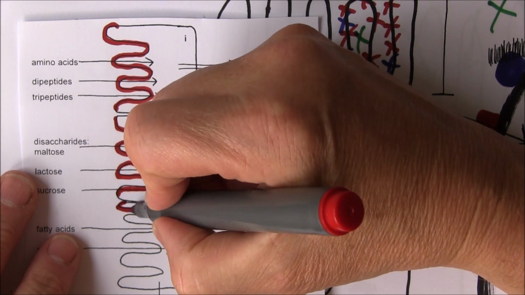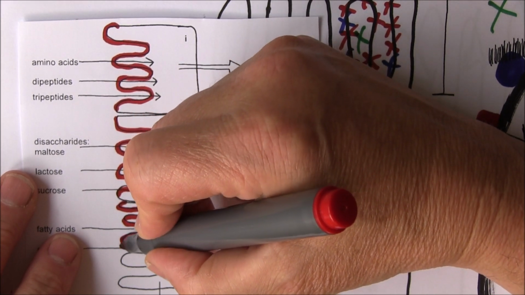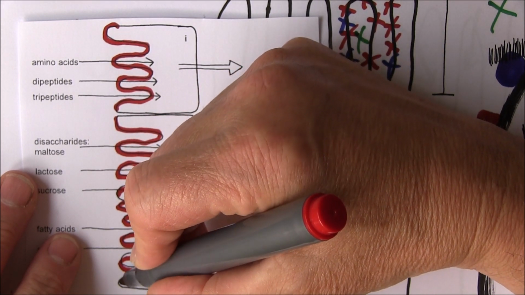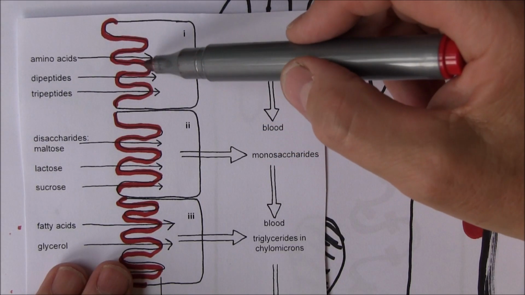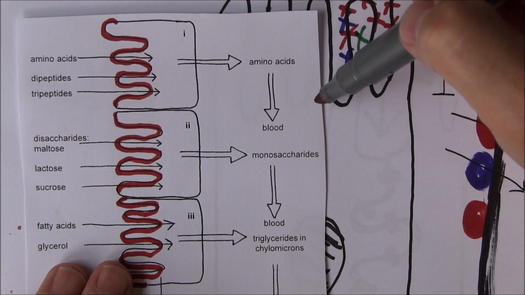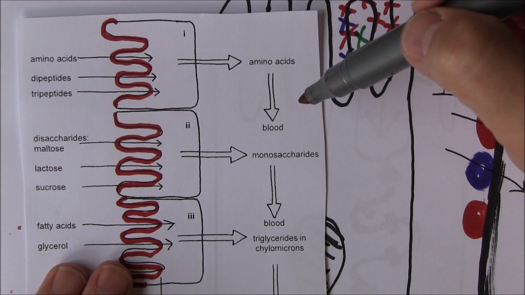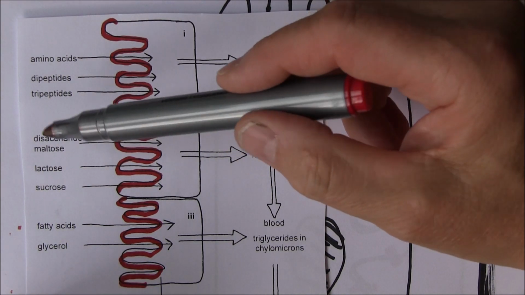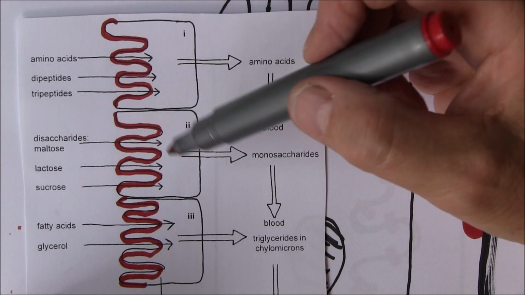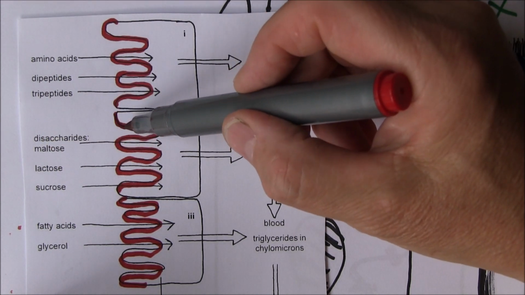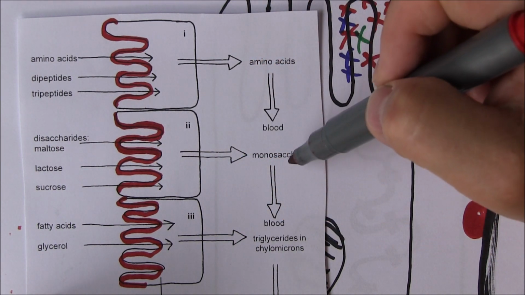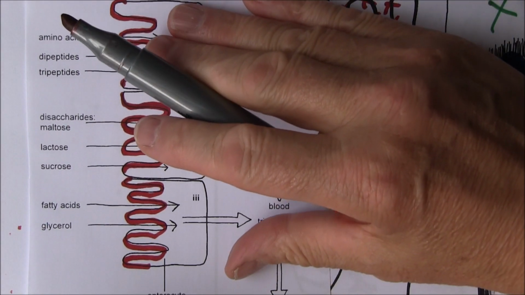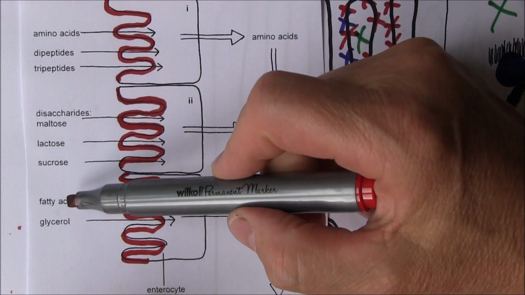The external membrane of the individual enterocyte thrown into these folds will actually be broken down as they go through the membrane here into the individual amino acids. Disaccharides such as maltose again will be broken down by enzymes in the surface membrane here into monosaccharides, and fatty acids and glycerol.